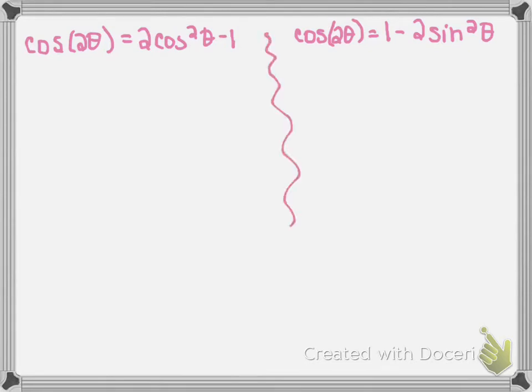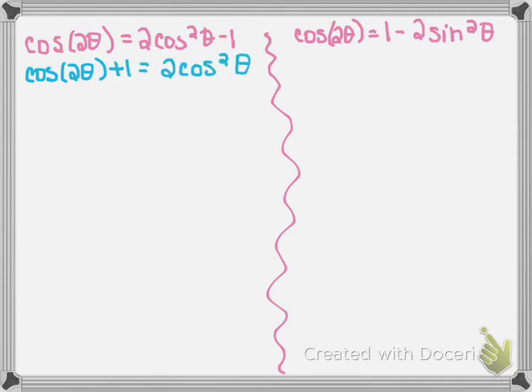Okay, so we know that the half angle formulas have the square roots in them. So I'm going to add 1 to both sides. And if I add 1 to both sides, I get cosine of 2 theta plus 1 equals 2 cosine squared theta.